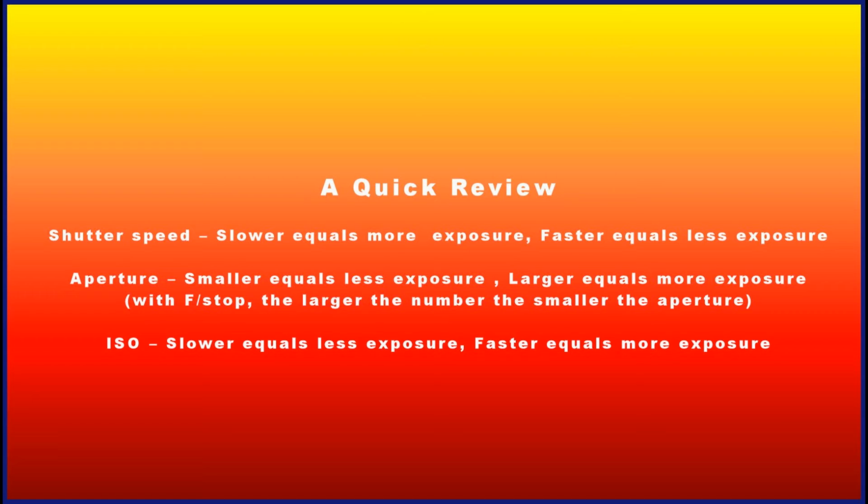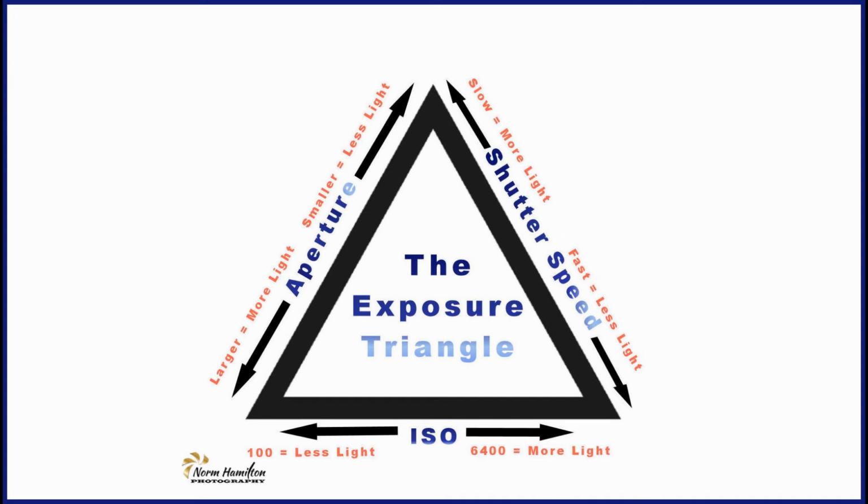The ISO, lower ISO equals less exposure, higher ISO equals more exposure. So on the triangle, it kind of looks like this. If you change the shutter speed, then you have to alter the f-stop or the ISO.